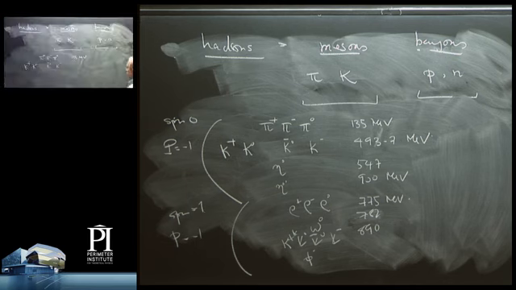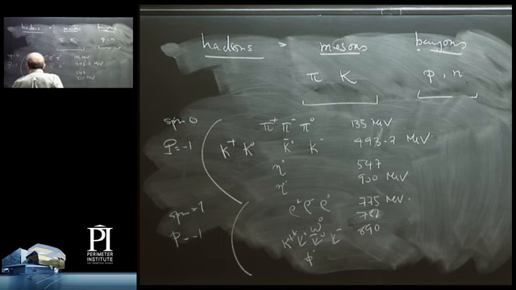These have a mass of about 493 to 497 MeV. And then there are 2 other neutral particles called the eta and the eta prime at 547, and this is about 900 MeV. These particles all have spin 0, and they all have odd parity.